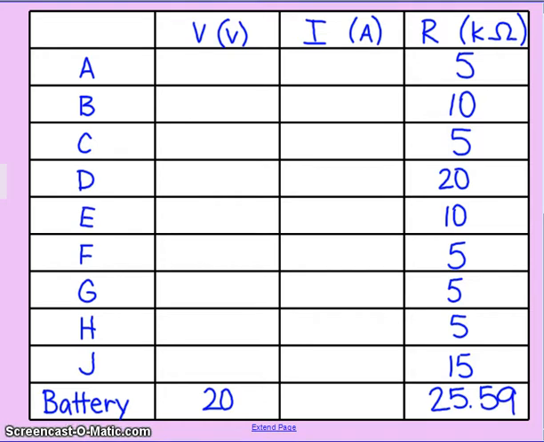I'll now calculate the current that is responsible. Again, don't forget that 25.59 is kiloohms when you're calculating the current. I end up getting 7.816 times 10 to the negative fourth.